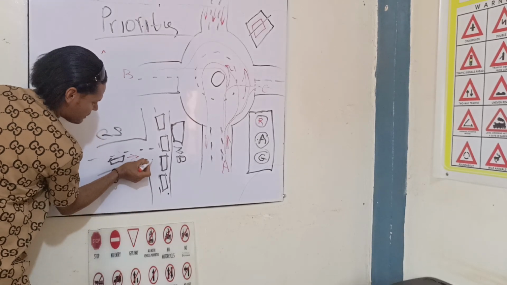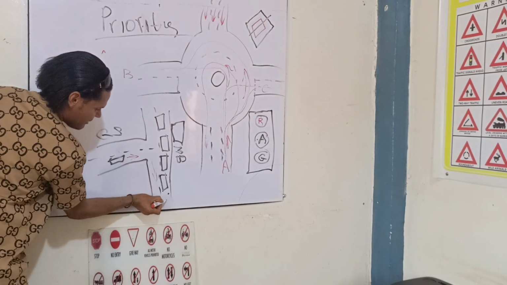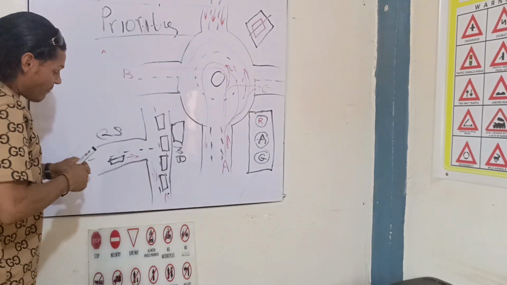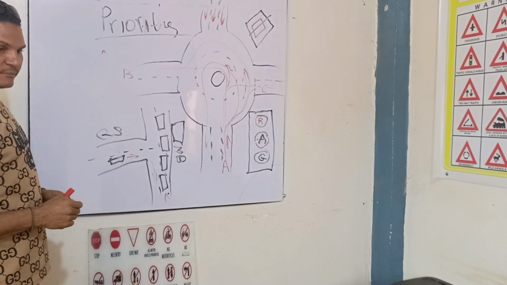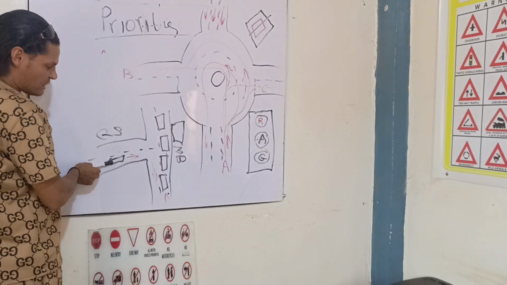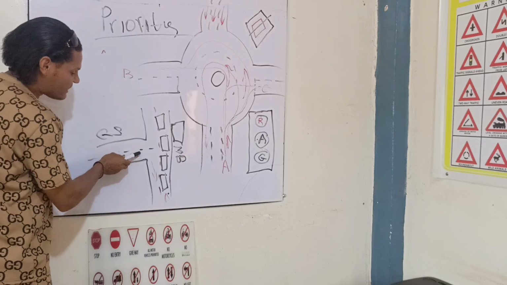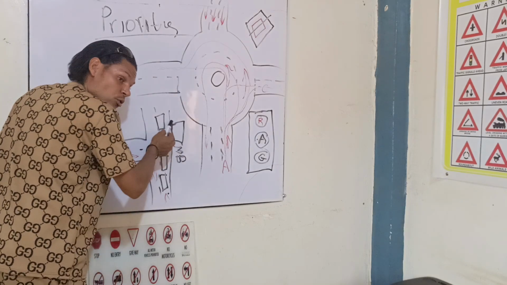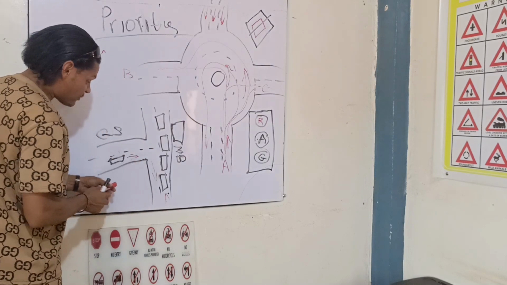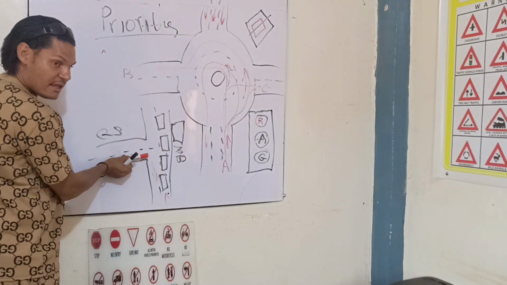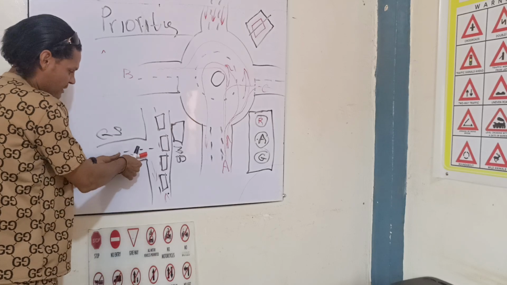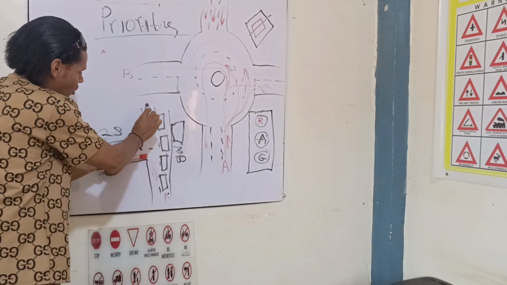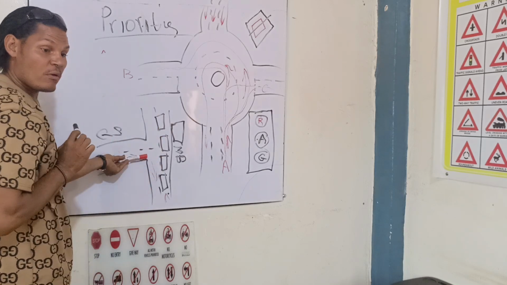This traffic flows this way now, and this one flows this way, backwards, down. While coming from here, this is traffic that has occurred, right? And we are coming from Ghana Street. When you get to this point, what do you do? You stand here and leave this road alone, because you are not sure to clear. When you meet this kind of traffic, the right way is to come and stand here. The reason being, as you are here, all these vehicles going up are free to pass. The ones coming back this way are free to pass.